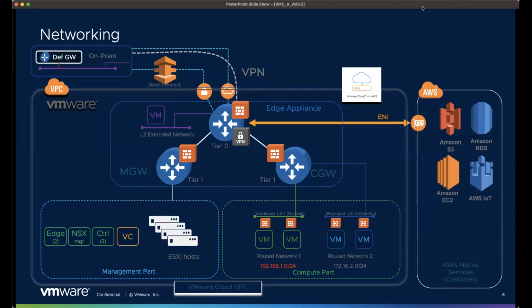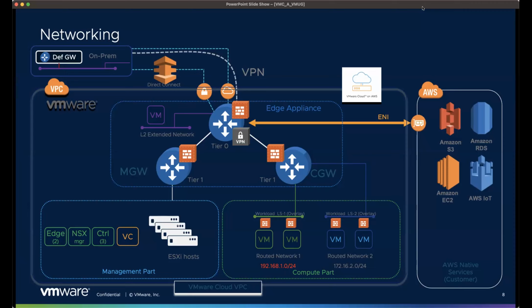So we got different tiers or levels of routers, that being the tier 1 and the tier 0, where we would typically abstract security zones or tenants or whatever at the tier 1 level, and the tier 0 router being the north-south router, so our outward connections out of the SDDC.